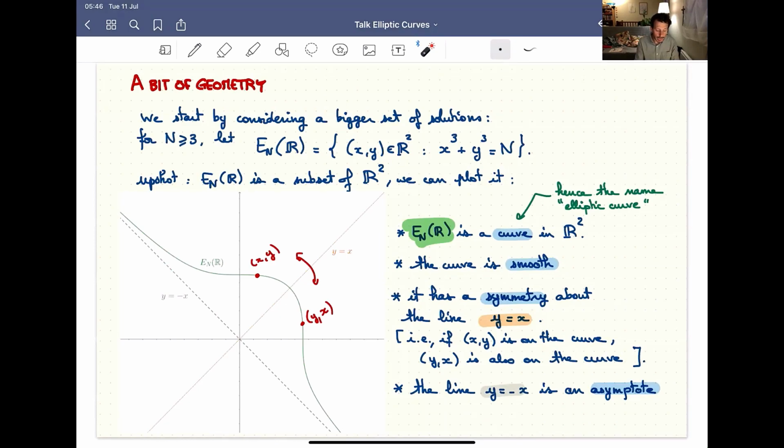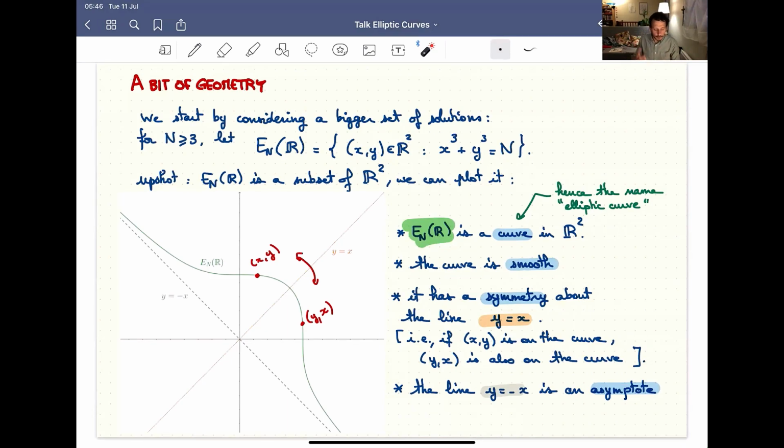And similarly, when x grows, so when you go southeast on the picture, the green curve grows closer and closer to the gray line. This is what's called an asymptote.